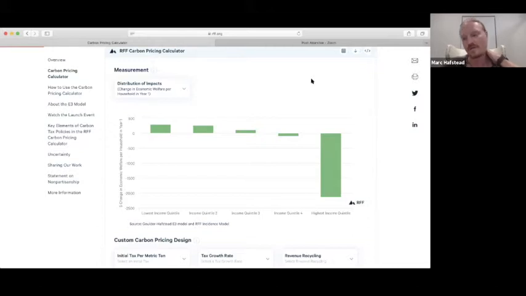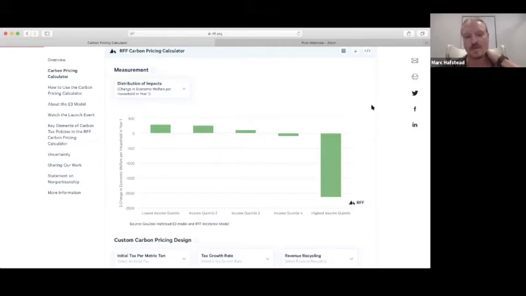How you use the revenues is really important for the overall distribution of impacts. Dividend policies tend to be a relatively progressive use of the revenues. And so what we're seeing here is that we're estimating that the 3 lowest income quintiles are better off than they would have been otherwise in the first year of the policy.